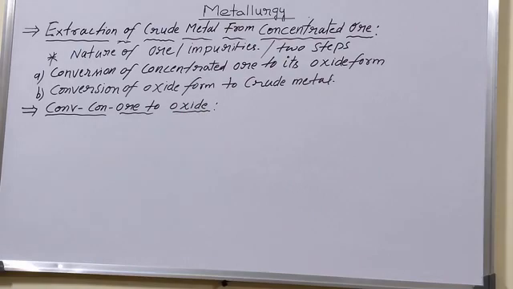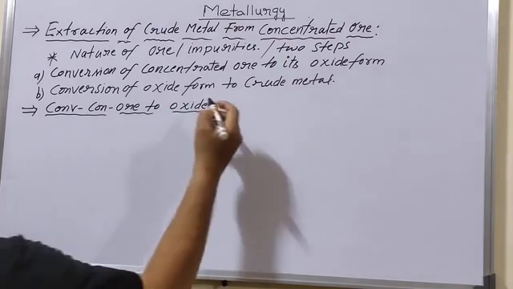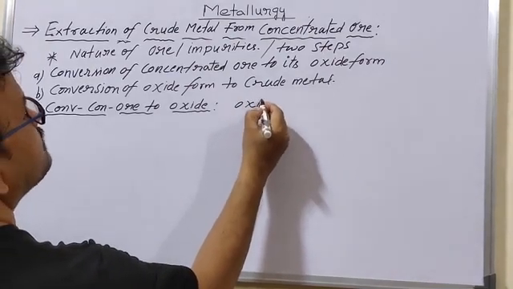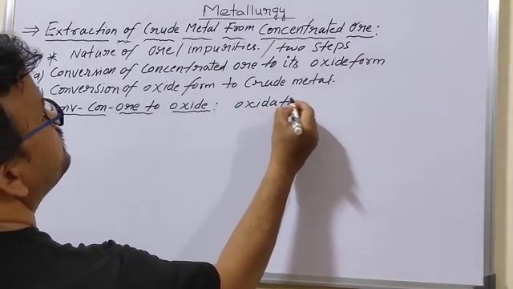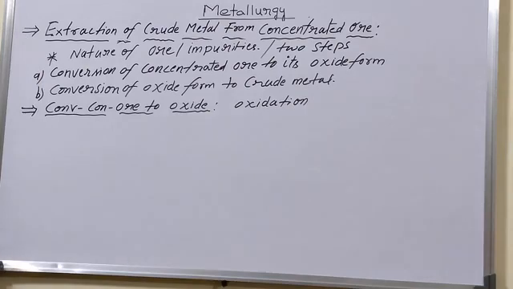In this method, oxidation takes place. What is the method we have here? Oxidation. Conversion of concentrated ore to its oxide form can be done by oxidation.